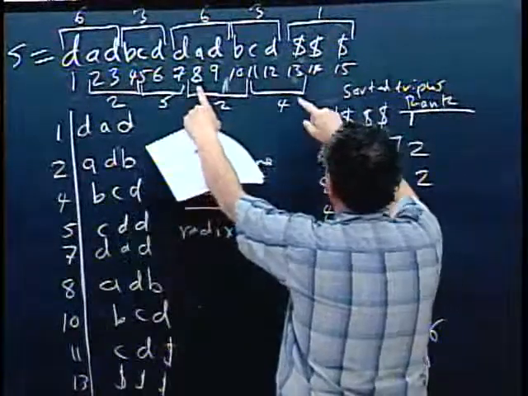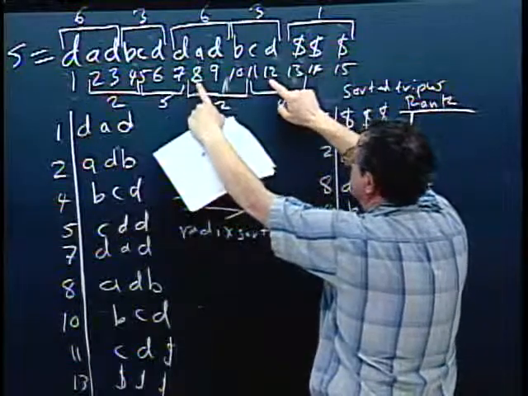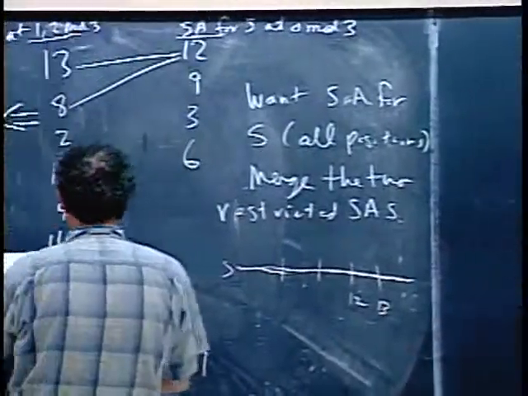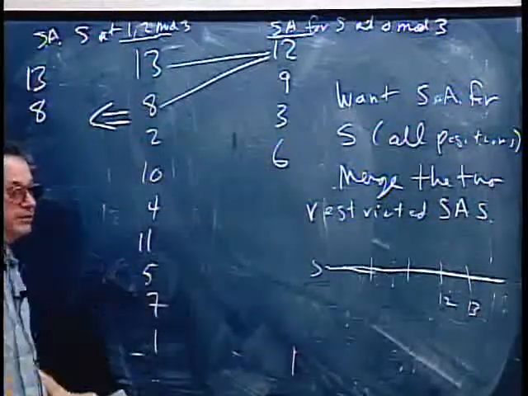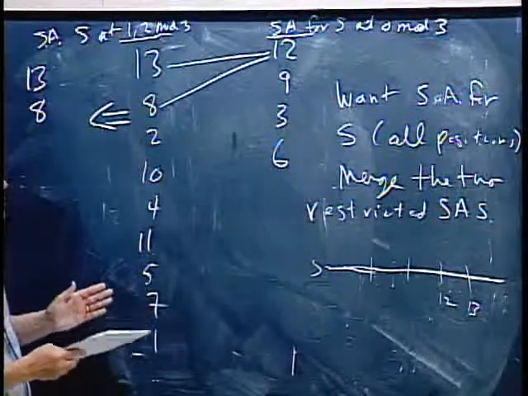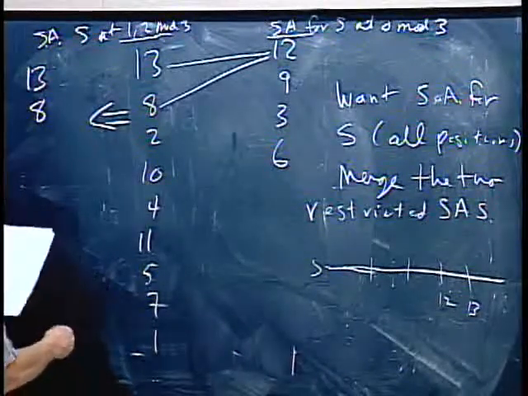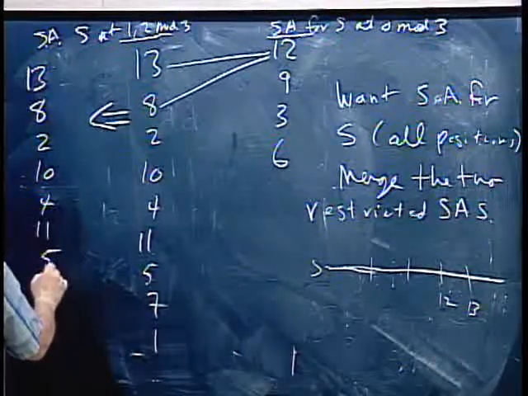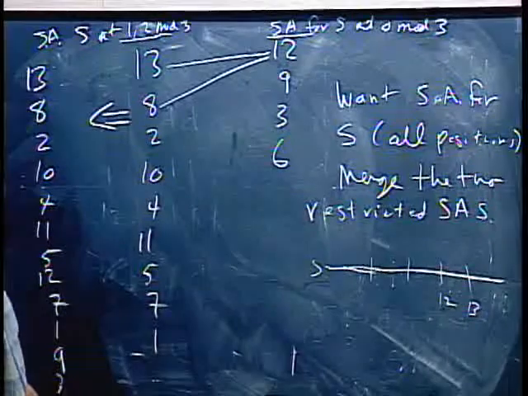Well, A is lexicographically smaller than D, so 8 comes out in that comparison, and so on. And you can just continue to do this, and that's conceptually how you merge those two restricted suffix arrays to get a suffix array for the whole thing. So 13, 8, 2, 10, 4, 11, 5, 12, 7, 1, 9, 3, 6.